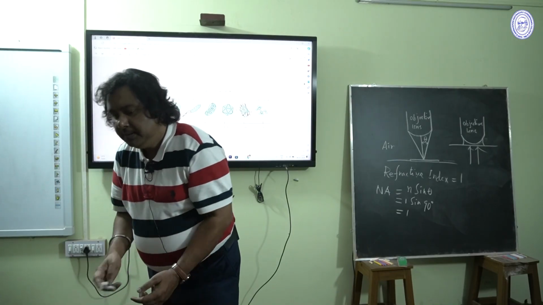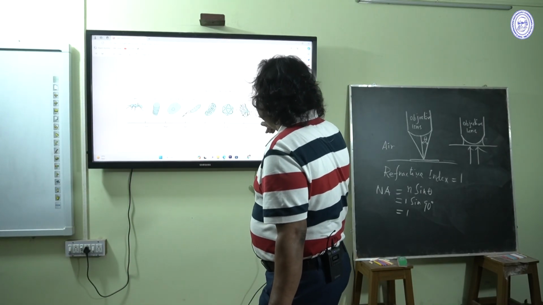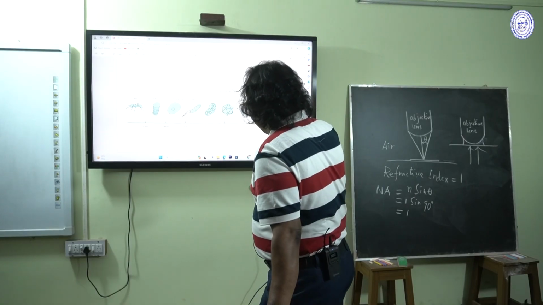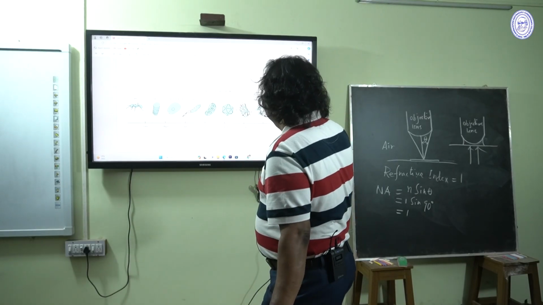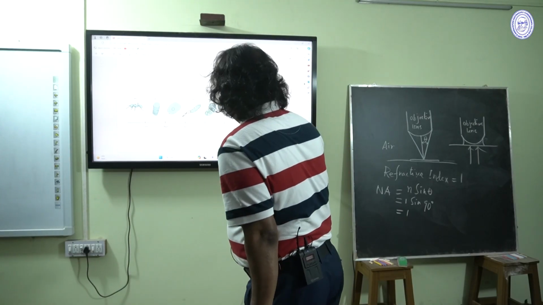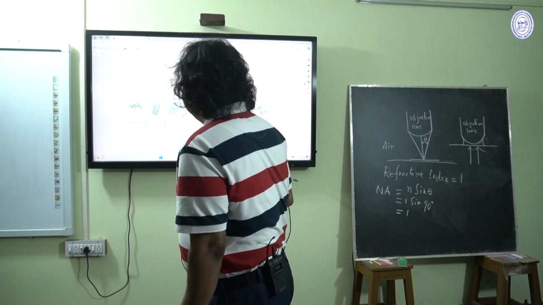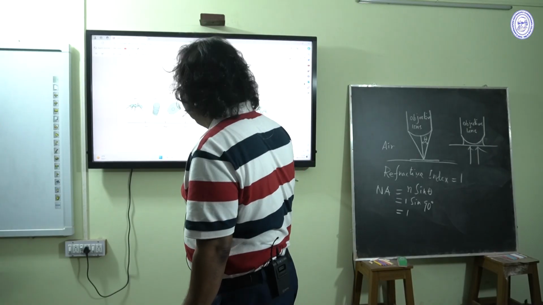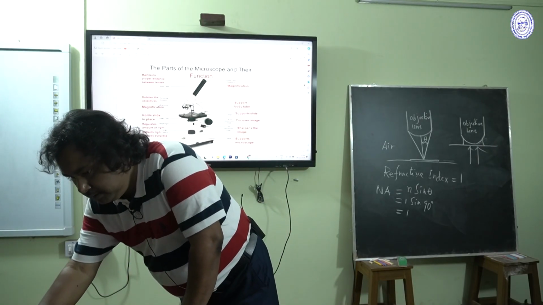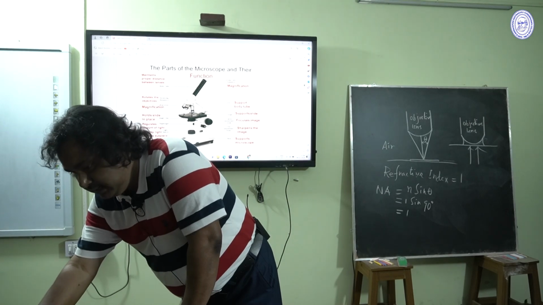This shows the various limits or sizes of living organisms, from ant to small molecules. Abbe's resolution limit or diffraction limit is 0.2 micron. These are the parts of the microscope and their functions.